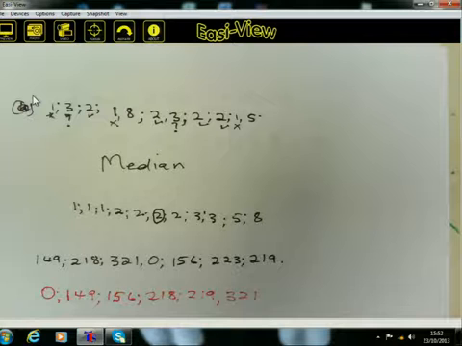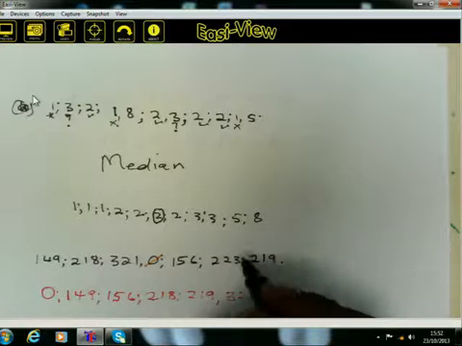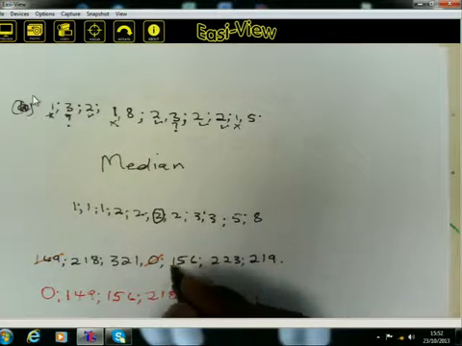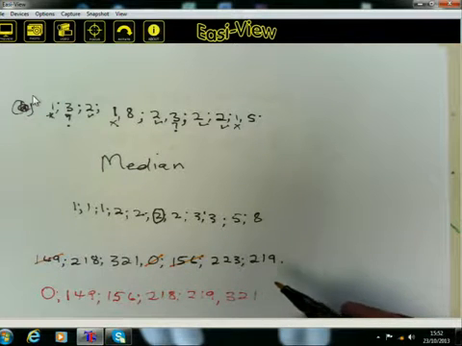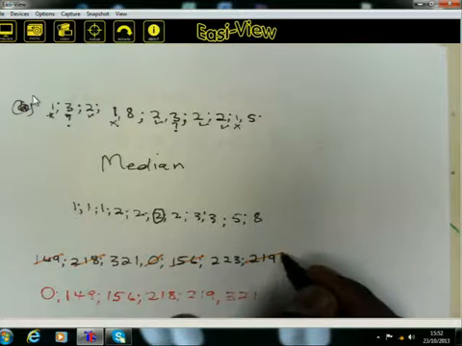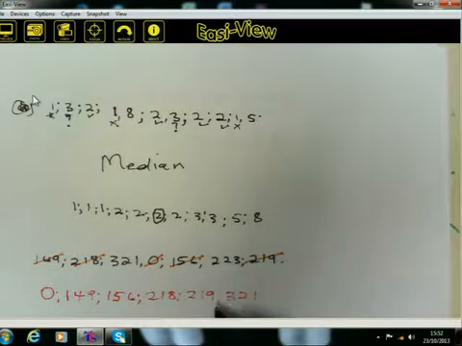Now I'm double checking whether I wrote all the data. That is important. Let me check. 0, yes, I wrote it. 149, yes. 156, yes. 218, yes. 219, yes. 223, do you see?